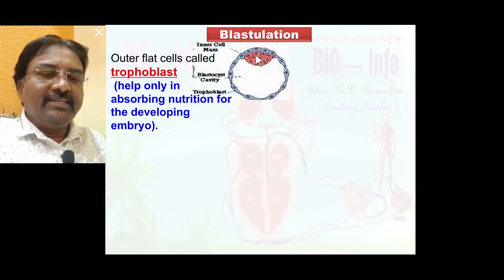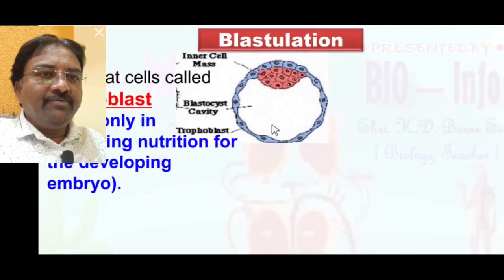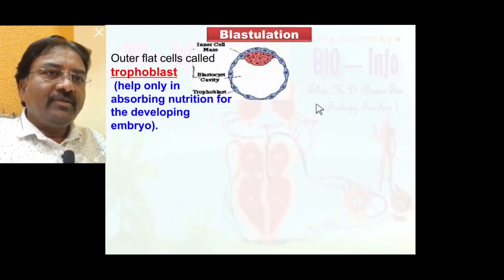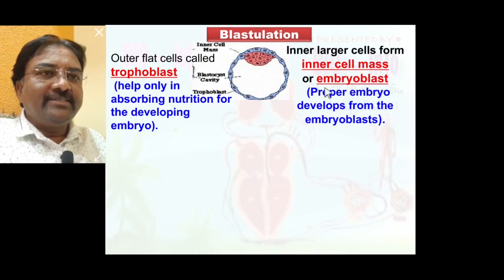Here we see the structure of the blastocyst. These trophoblast cells are specially for absorbing nutrition for the developing embryo. Now, the inner larger cells form the inner cell mass, also called the embryoblast.